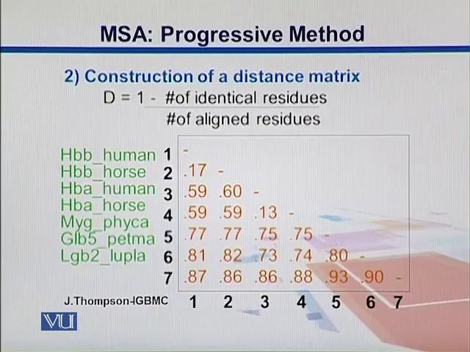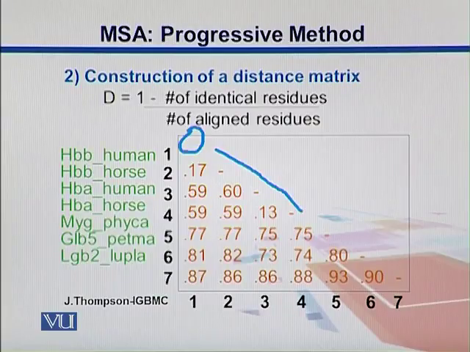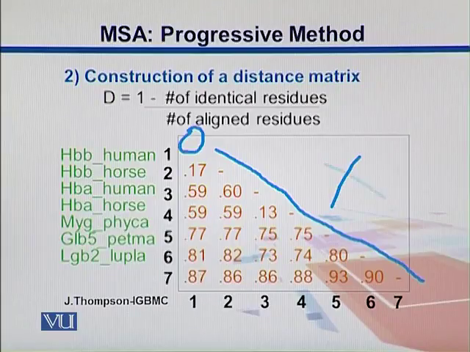We don't want the diagonals, since the diagonals are where the sequences are compared to themselves, so there is no distance. In the same way we take only half of the matrix, because the remaining half is a duplicate of the other half.